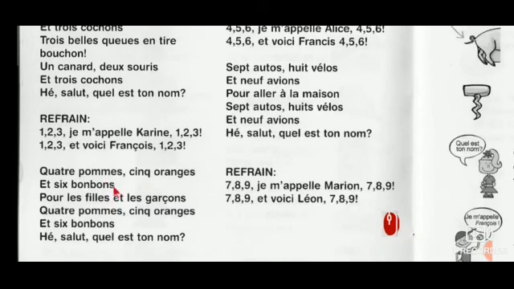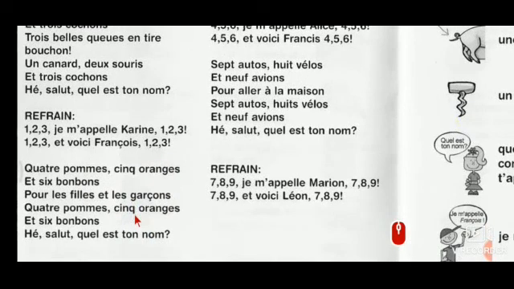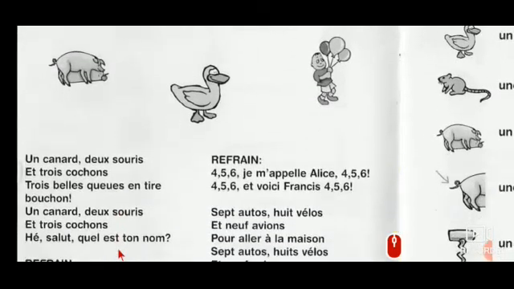Pour les filles et les garçons, 4 pommes, 5 oranges et 6 bonbons. Et salut, quel est ton nom? 4, 5, 6, je m'appelle Alice. 4, 5, 6, et voici Francis.